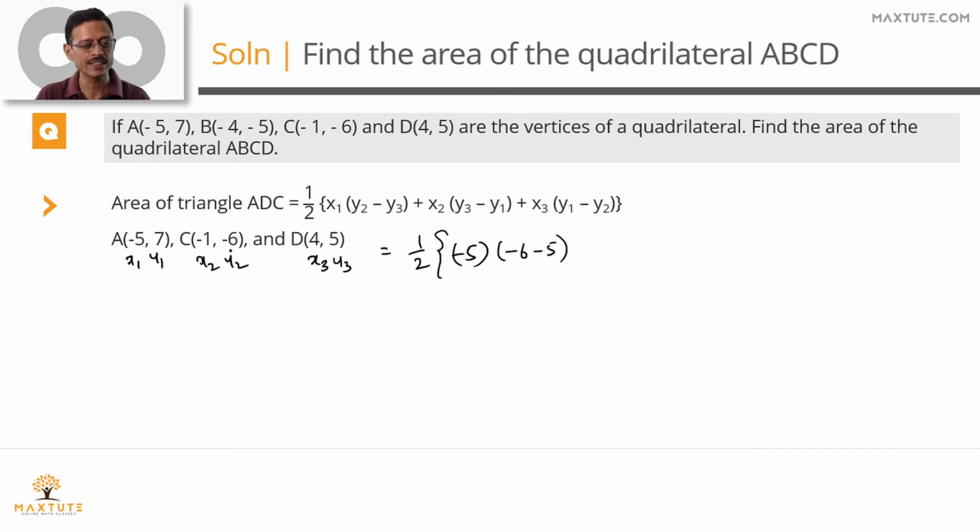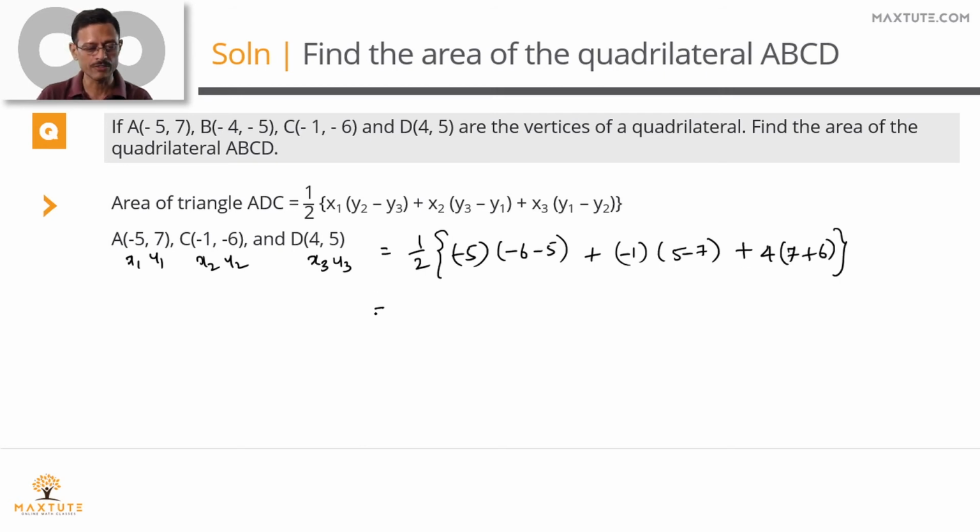So y2 minus y3 is minus 6 minus 5. Part 2 is x2. The value of x2 is minus 1 into y3 minus y1. y3 is 5, y1 is 7. So 5 minus 7 is what we have. Lastly, plus x3. The value of x3 is 4 into y1 minus y2. y1 is 7, y2 is minus 6. So minus of minus will make it plus 6.